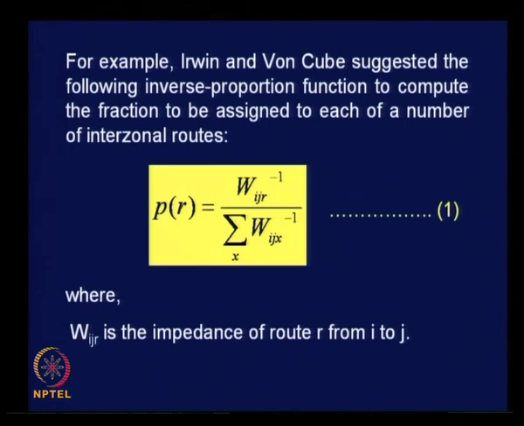PR is nothing but the proportion of trip assigned to route R. Clear? You can see the same information here. The inverse of travel impedance of the concerned route is taken in the numerator, and the sum of the inverse of the impedances of all the routes are taken in the denominator, is not it?